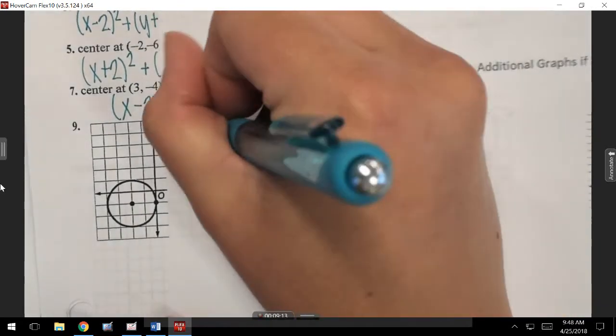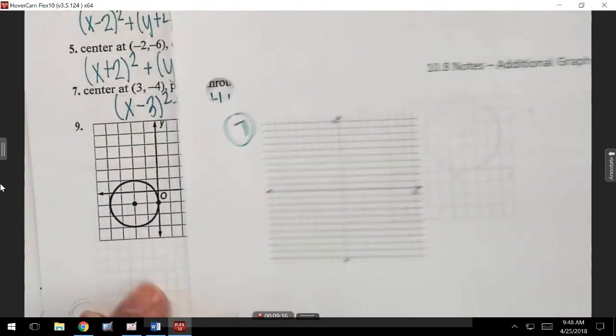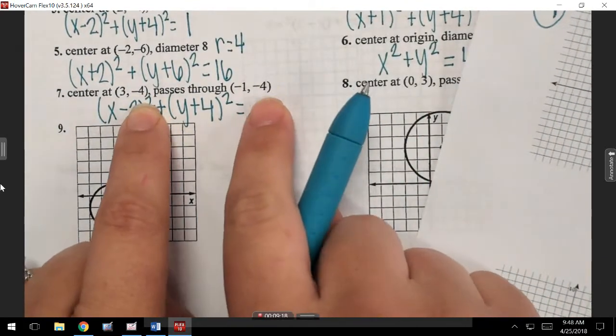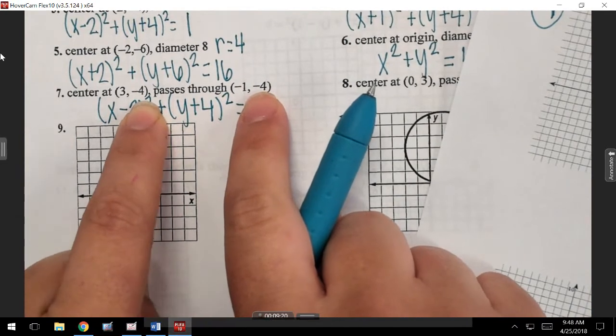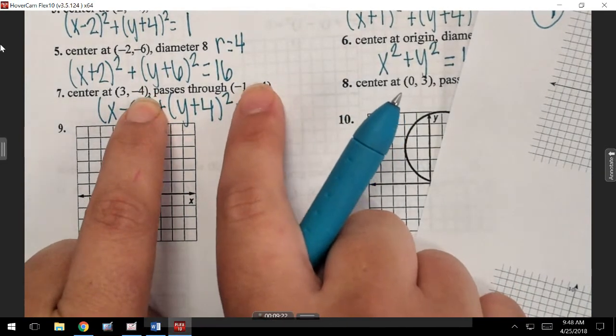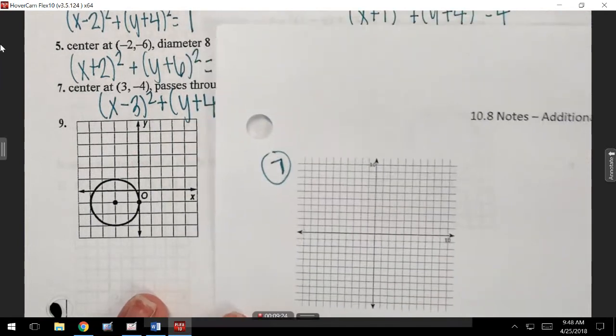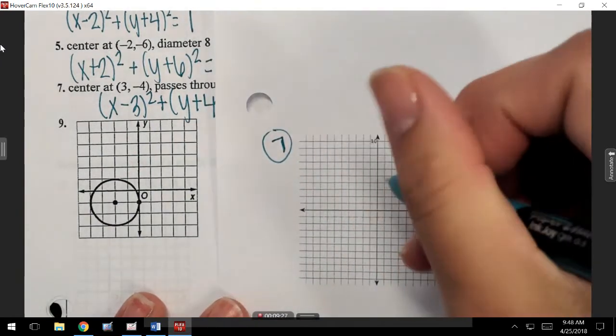So don't overthink this. All I'm about to do is plot these 2 points. I'm going to plot the center, and then I'm going to plot one of the points. So on this graph, I'm going to go ahead and plot the center.